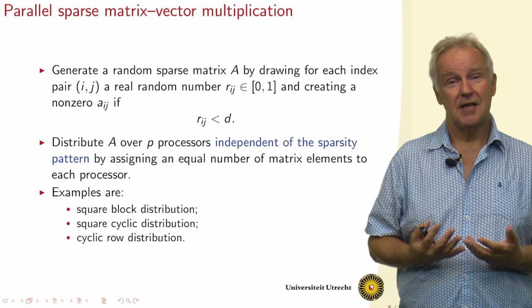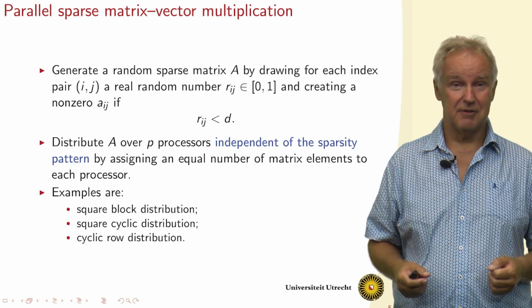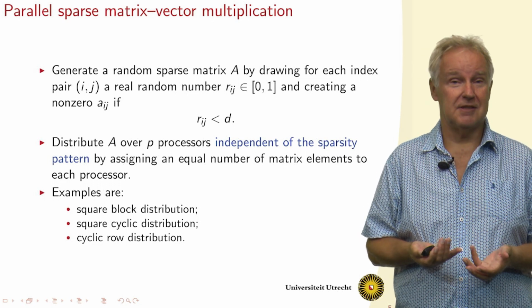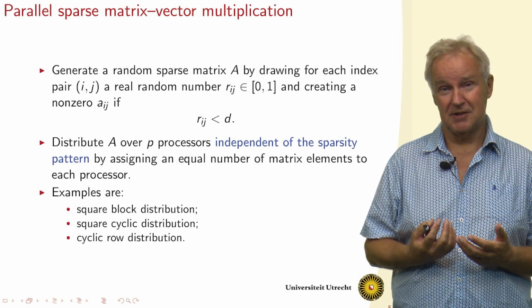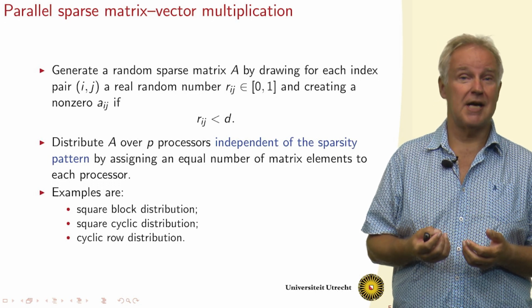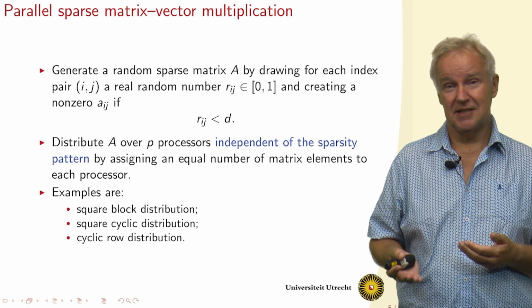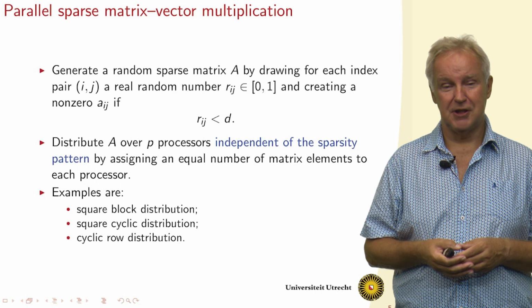So when we look at random sparse matrices for multiplying a sparse matrix with a vector, then we first create the sparse matrix, and we can do that by, for every element, drawing a random number, Rij, and then if Rij is less than the density, then we create a non-zero.